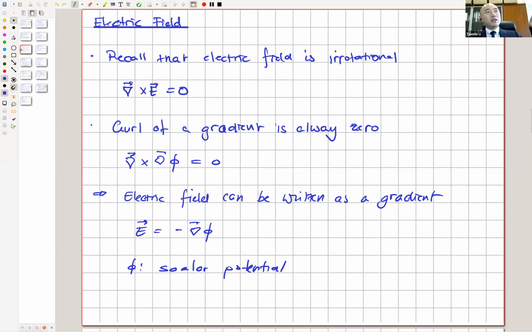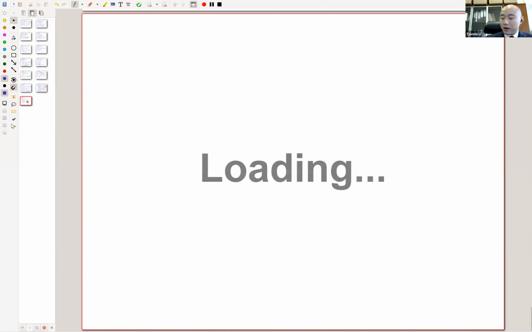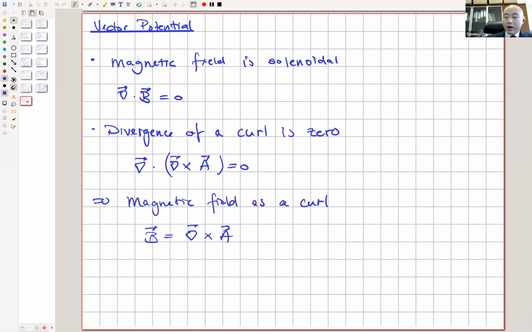Here we started off with the electric field where the curl equals 0, and therefore we get to write the electric field as a gradient of a scalar field, and that's a scalar potential. And here we have the flip side, where the divergence of B equals 0, and therefore B is related to the curl of a vector field. A here is now called the vector potential.